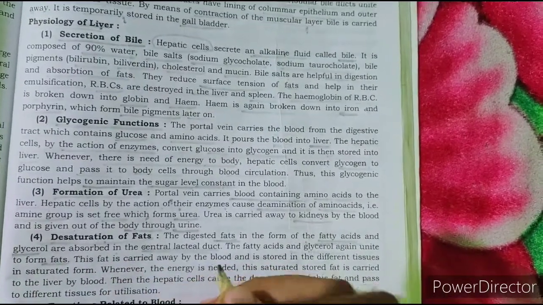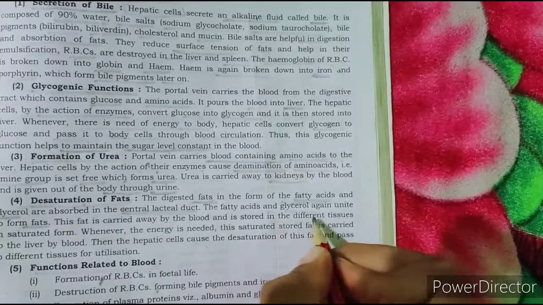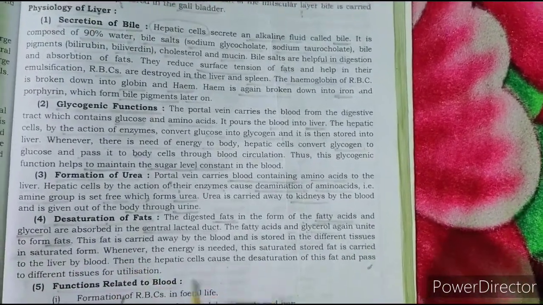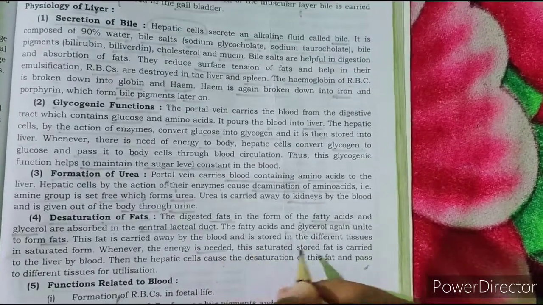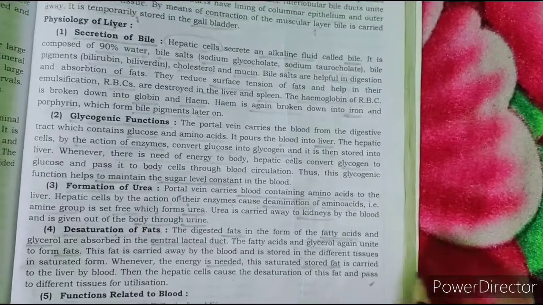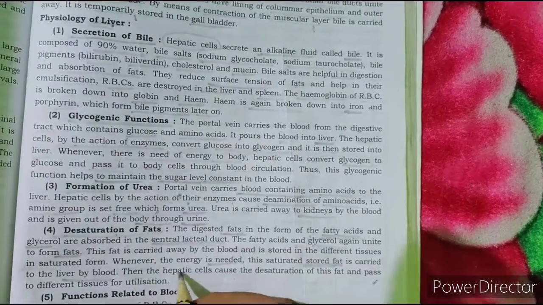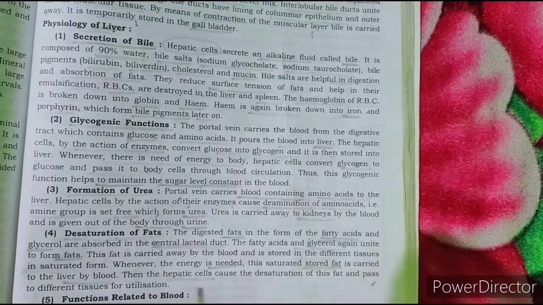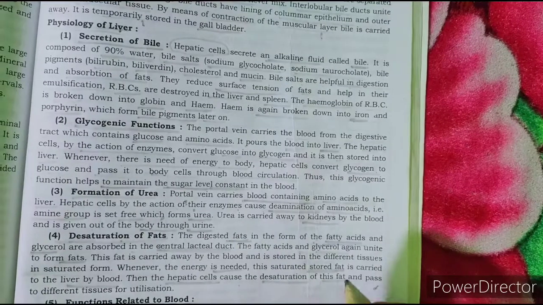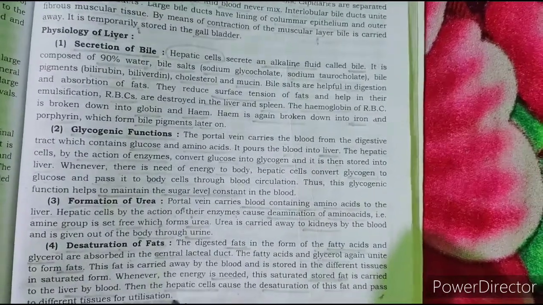This fat is carried away by the blood and is stored in the different tissues in saturated form. Whenever energy is needed, this stored saturated fat is carried to the liver by blood. Then the hepatic cells cause the desaturation of this fat and pass it to different tissues for utilization.